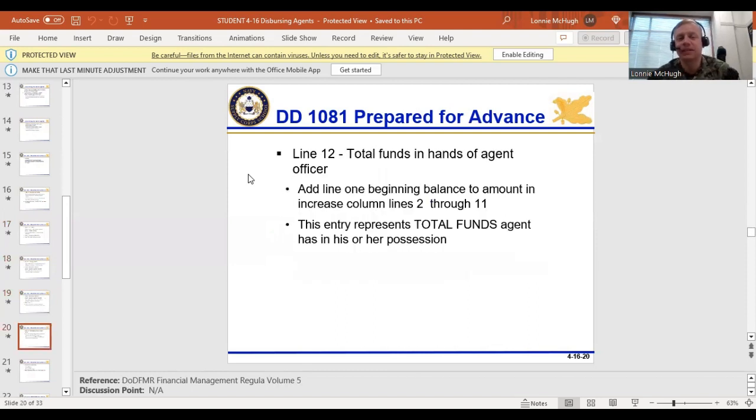All right. So again, this is filled out by the disbursing officer to the agent. The disbursing officer is going to keep the original and a copy, and the agent's going to have a copy. And typically the line that you're going to have filled out is mainly just cash. And they might have checks as well, but mainly cash.